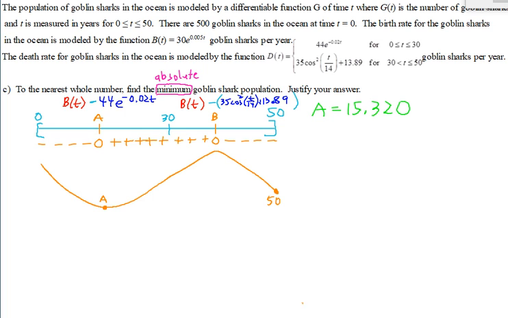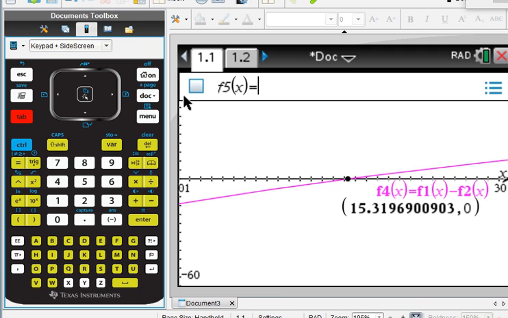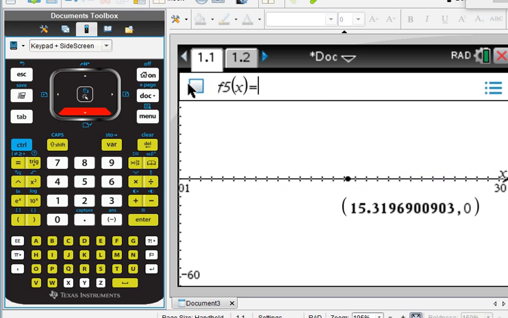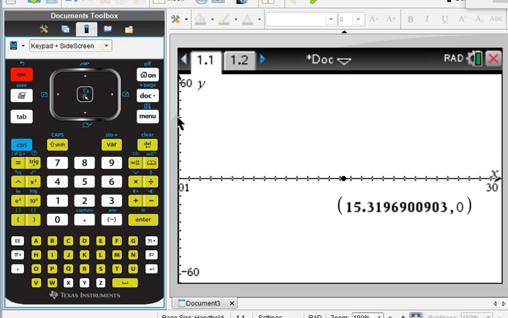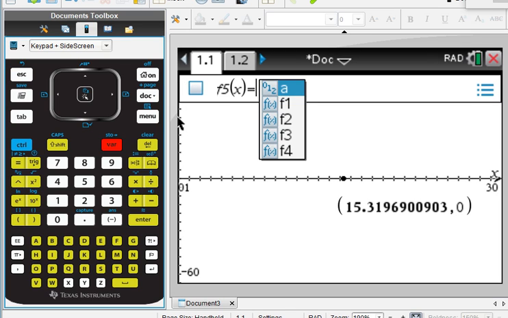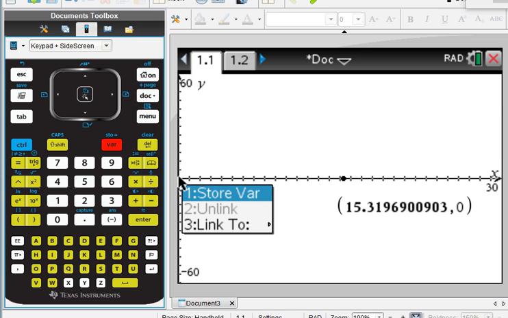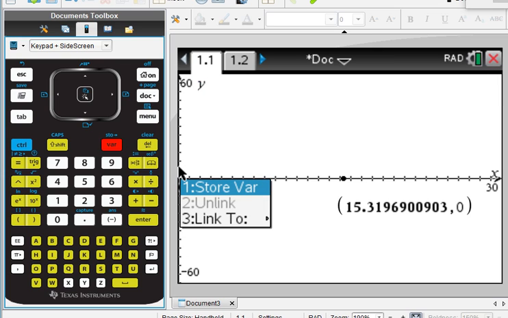So let's see how we do this on the Inspire now. Just hit the tab button here, go up, uncheck F4 so we don't see that one anymore, and then for F5, tab, var, f1 of x minus var f3 of x. Sorry, it keeps hitting the wrong thing.